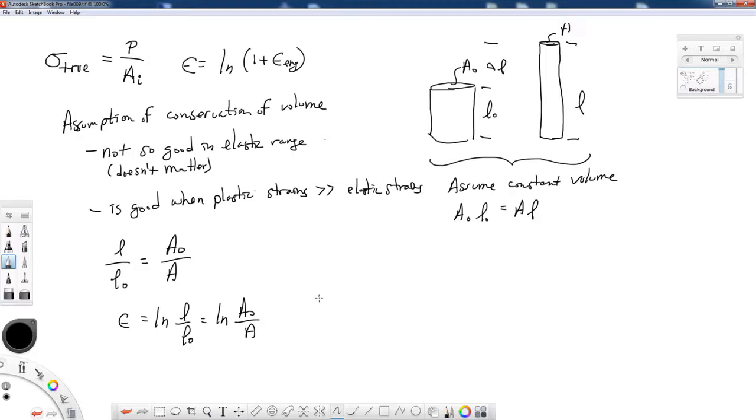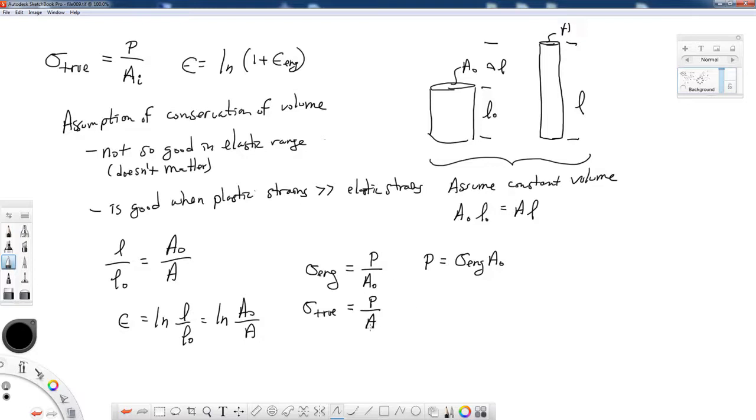Now since the engineering stress is equal to the instantaneous force over the original cross-sectional area, we can say that the force is equal to the engineering stress times the original cross-sectional area. Our true stress, I'll just call that sigma, is equal to the instantaneous force over the instantaneous area.